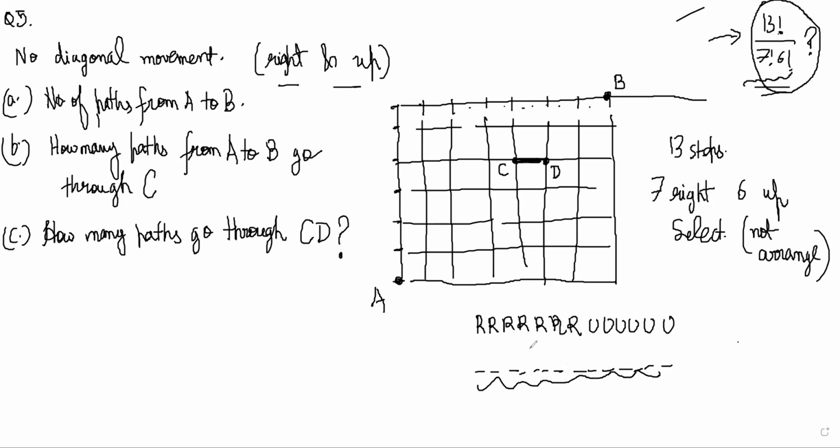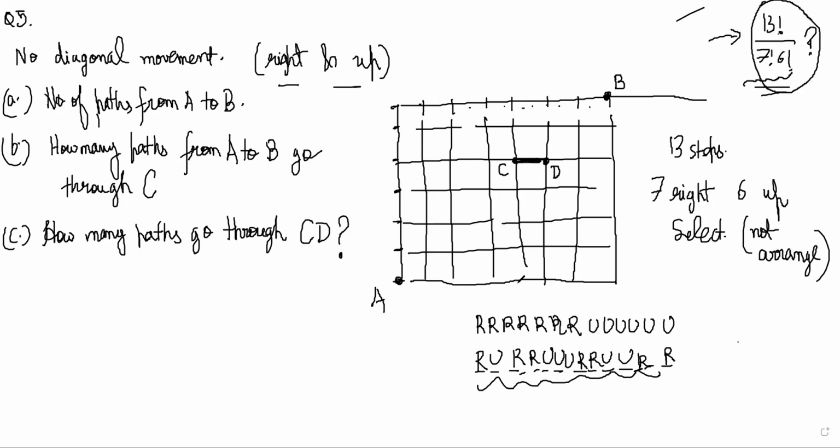If you put the 7 rights somewhere, you'll end up at the same place. The remaining steps are assumed to be up, right?